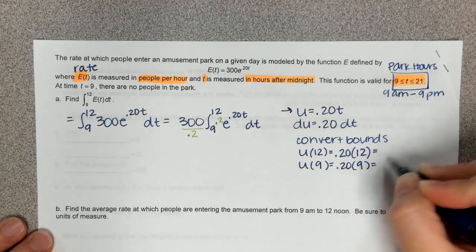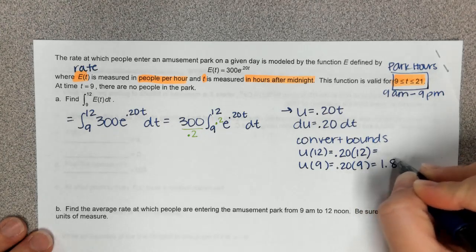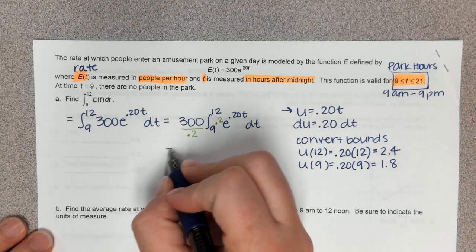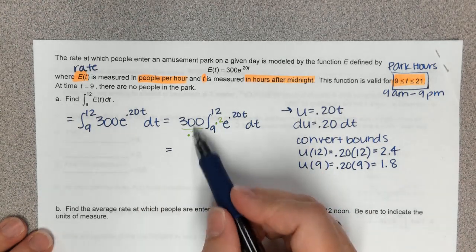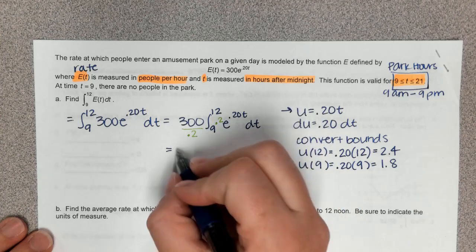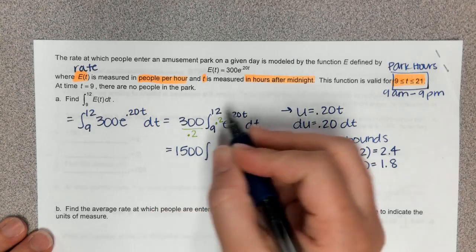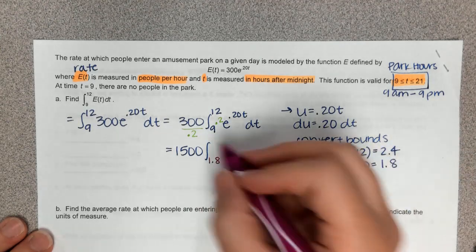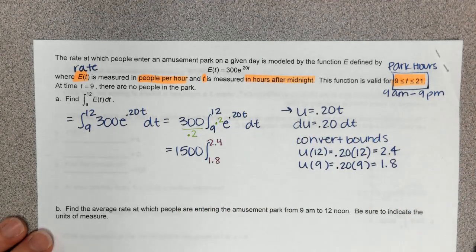That gives me a lower bound of 1.8 and an upper bound of 2.4. So I'm going to rewrite my integral. 300 divided by a fifth, or times 5, is 1500. And now my new bounds are going from 1.8 to 2.4.